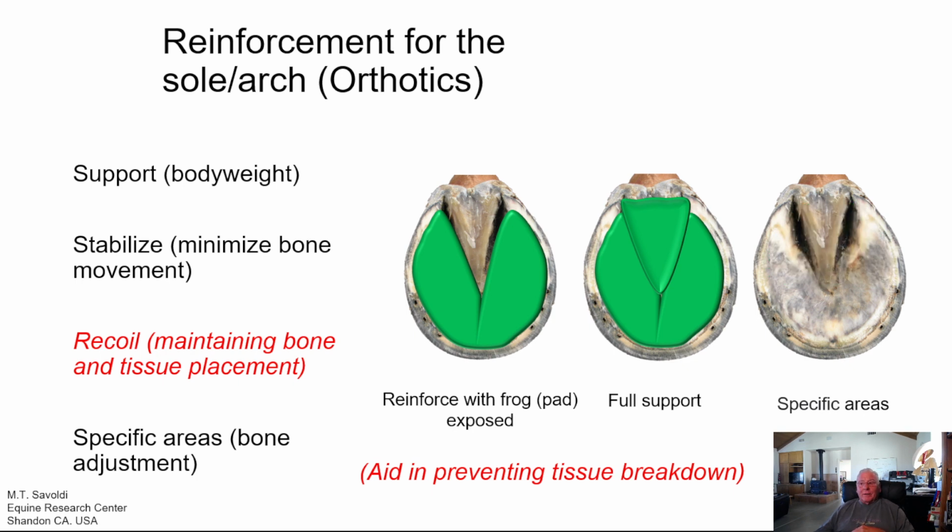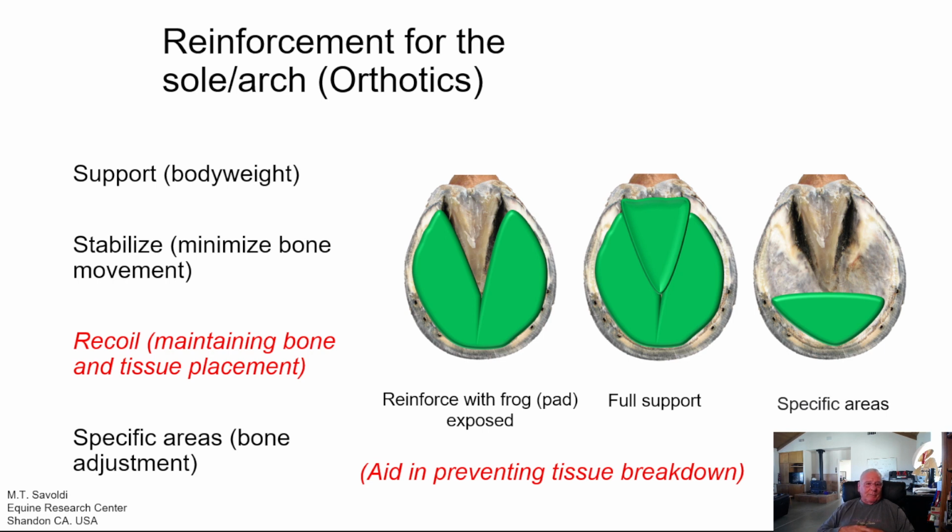The next thing we can do is maybe in the toe area if you have a positive palmar angle. I don't recommend this unless you've got a lot of years of experience, because in the heel, the caudal portion, when you put putty in there, you have a cushion. The bone is cushioned in there. But there's no cushion for the toe, the P3 bone.